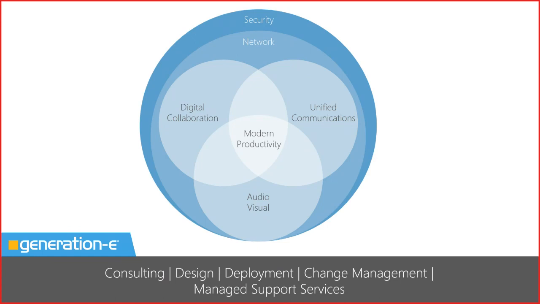Our focus is on modern productivity outcomes, and meeting room experiences represent the pinnacle of that. You'll see that in our practices that we specialize in, all of them are very relevant to the media experience, from the UC platforms and digital collaboration platforms through the audio visual components themselves, but also the network and underlying security mechanisms that support them.